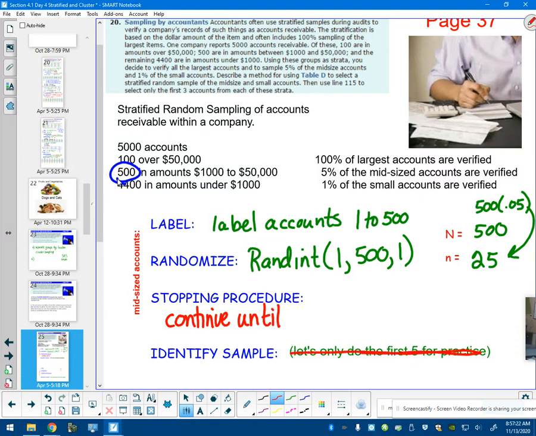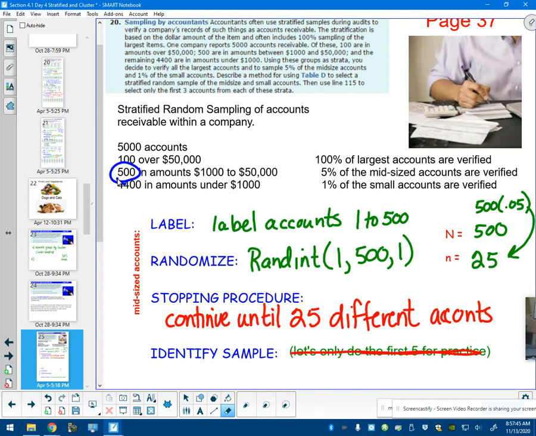Some of you got mixed up with this and you're going to lose points. Continue until how many different ones are selected? 25. Continue until 25 different accounts are selected.